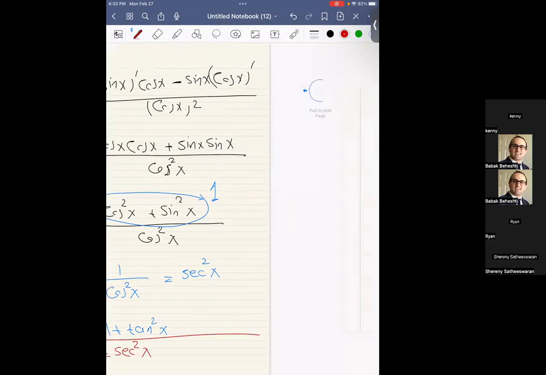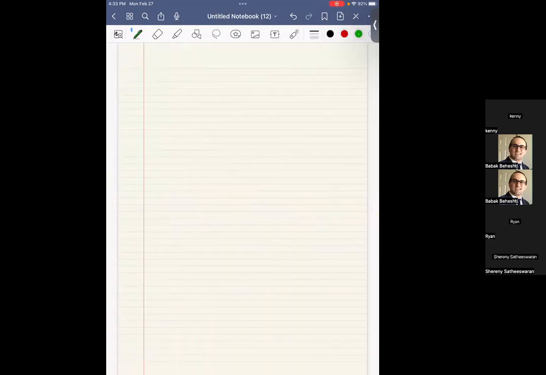So an important result we have here is that if f of x equals tangent x, then f prime of x is 1 plus tangent squared x, which is also equal to secant squared x. So the derivative of tangent is 1 plus tangent squared.